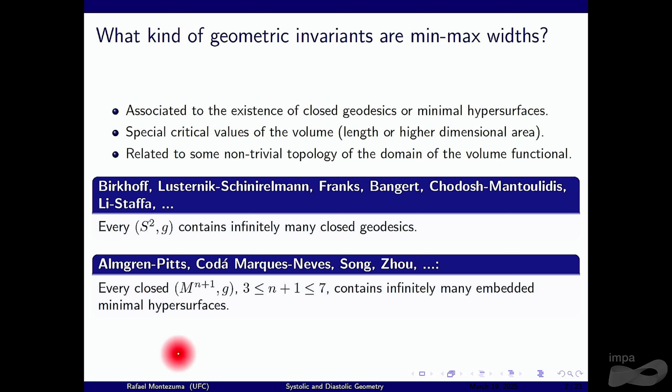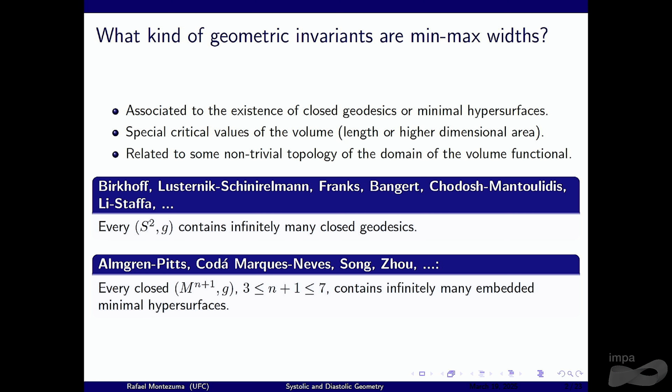Maybe the first person to have a result on the existence of one closed geodesic in any two sphere was Birkhoff, but we have many other progress after that. So in the end, we have that every two sphere has infinitely many closed geodesics.